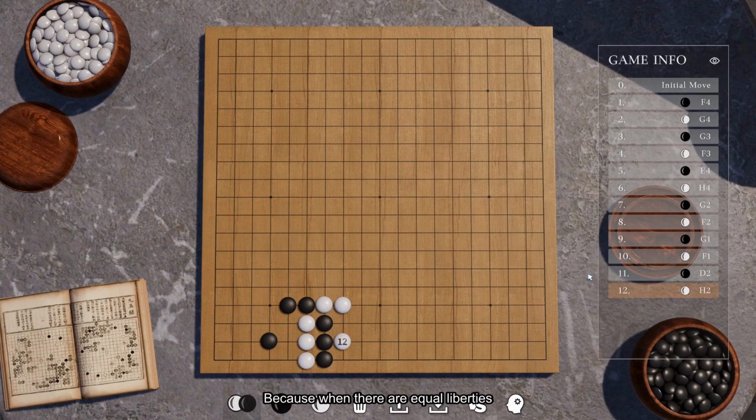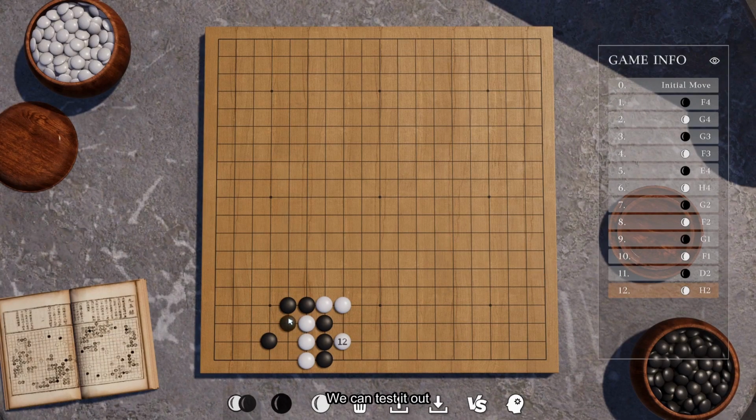Because when there are equal liberties, whoever moves first wins. But when one has more liberties, naturally, more liberties beats fewer liberties. So right now, white's 3 liberties are simply more than black's 2 liberties. So it naturally captures black.